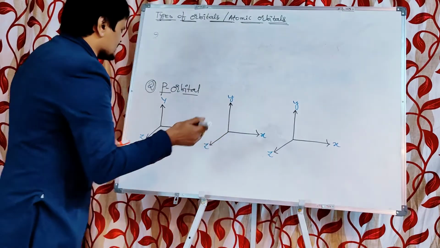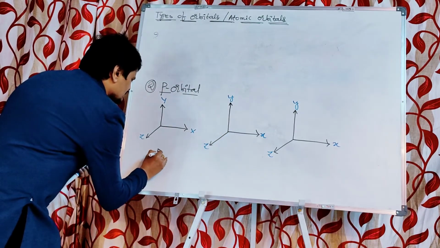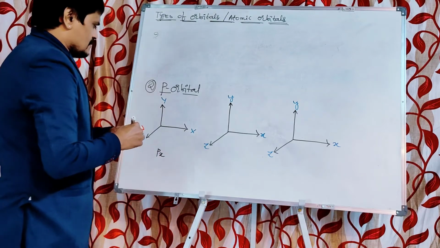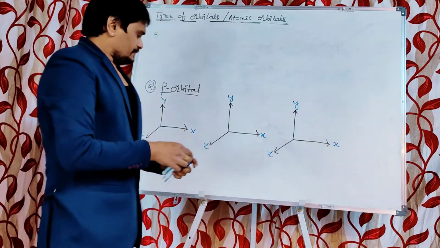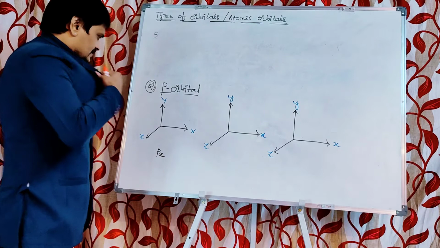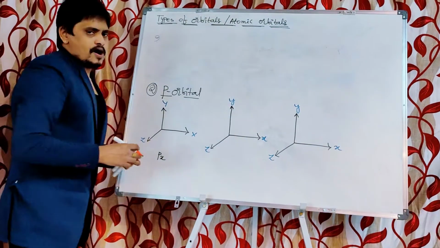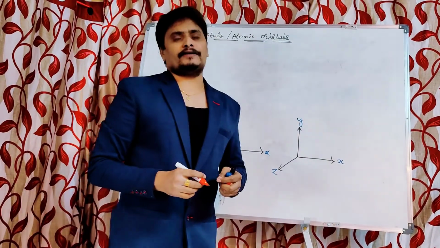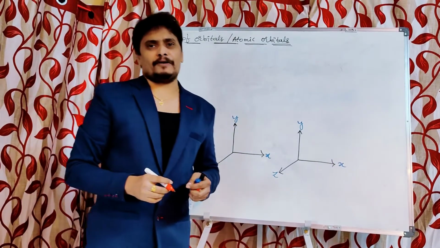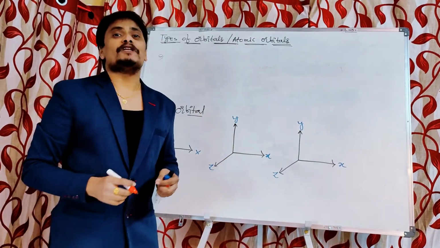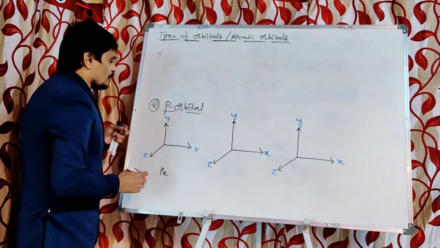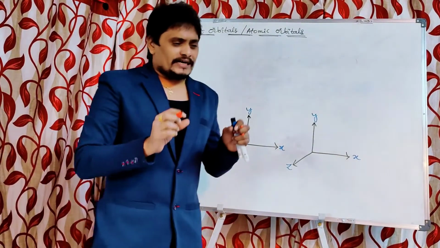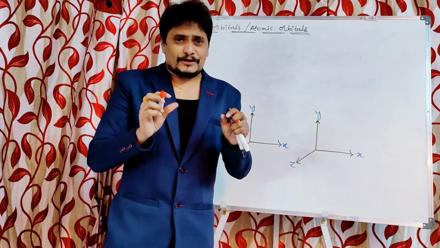Now what is px? It is very simple, students. When we are talking of the px, the lobe is located, because it is dumbbell shaped. The p orbital is dumbbell shaped, and since the p orbital is dumbbell shaped, only a single dumbbell is present in the p orbital.